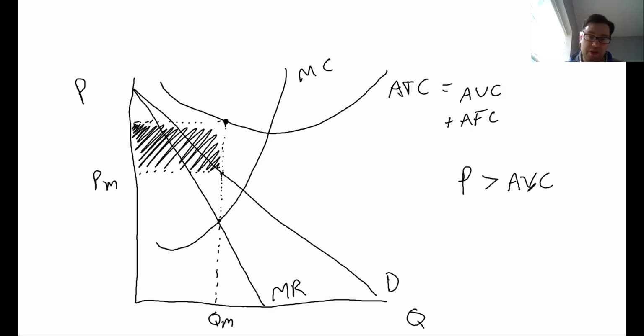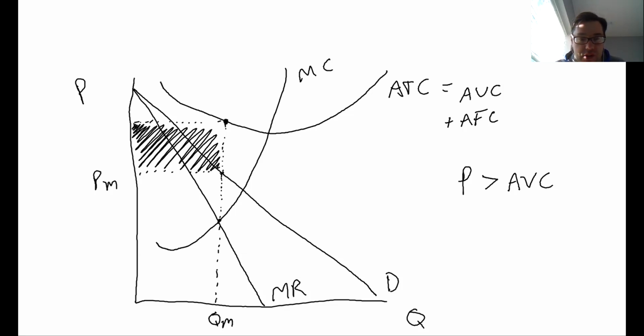So that's why a firm might stay open in the short run, even though it's making total economic losses. And there are a couple other ways you could explain this, so be sure to take a look at the rubric, and whichever one makes the most sense to you, you should go with that. All right, let's go back. So that's part B.